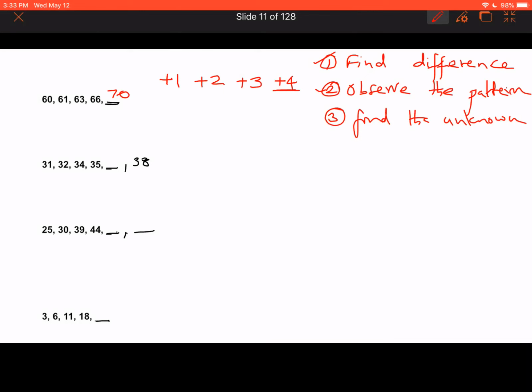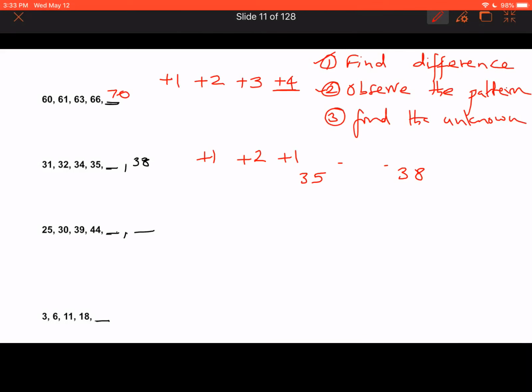Then next, here the difference: 31 and 32 is plus 1, 32 and 34 is plus 2, 34 and 35 is plus 1 again, and we are having some blank. Okay, and the number we are getting is 38. So 35 plus something and plus something will give 38, right?